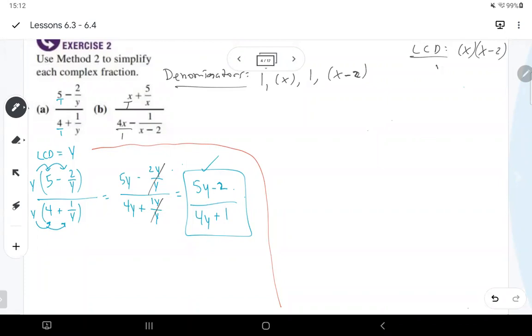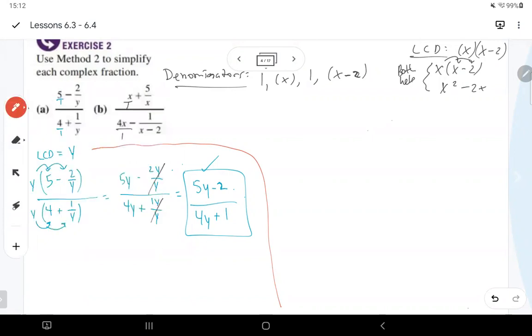You can either leave it as x times x minus 2, or you can distribute it and get x squared minus 2x. Either is good, okay? Both of those help.